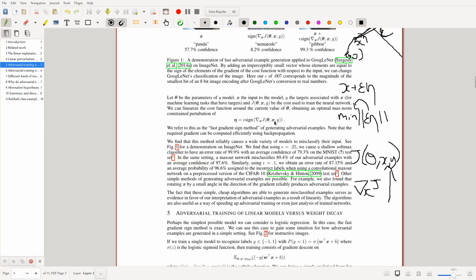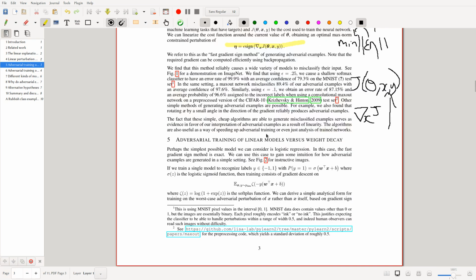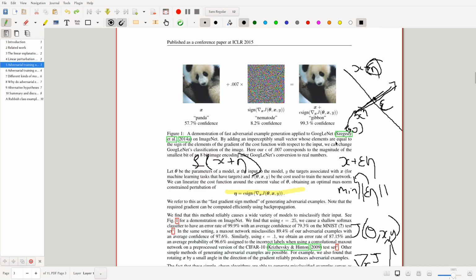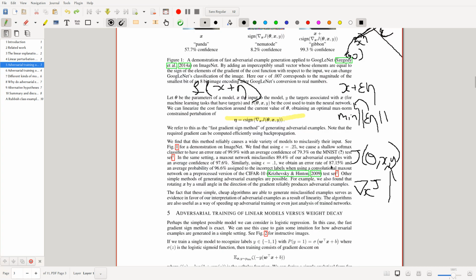What we're doing is finding this direction eta where we maximize this loss function, and ideally what this gives us is this updated vector x plus n, such that you're maximizing the loss of this, which means you're misclassifying it, right?